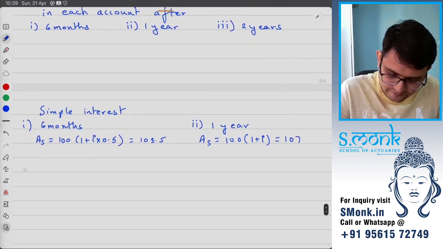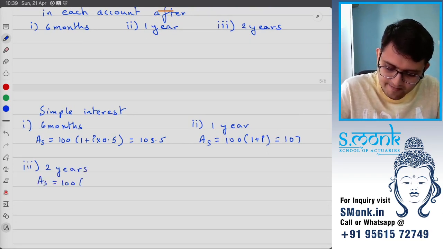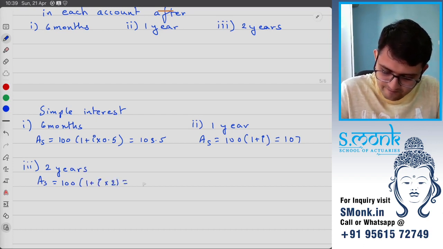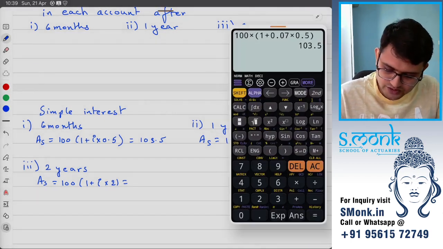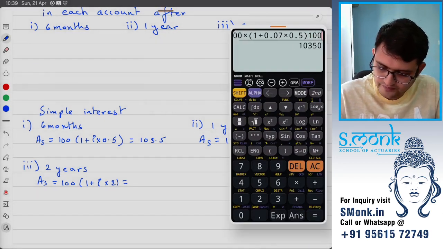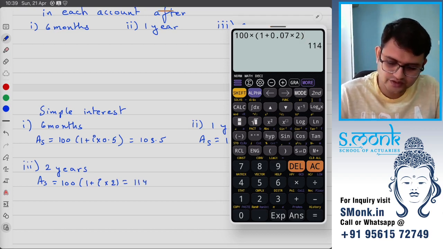And then 2 years, 1 plus I into 2, that would be 100 into bracket 1 plus 0.07 into 2, and that is 114.